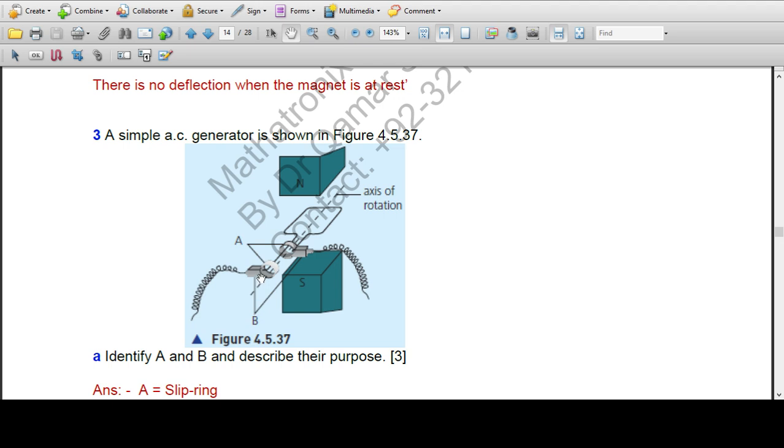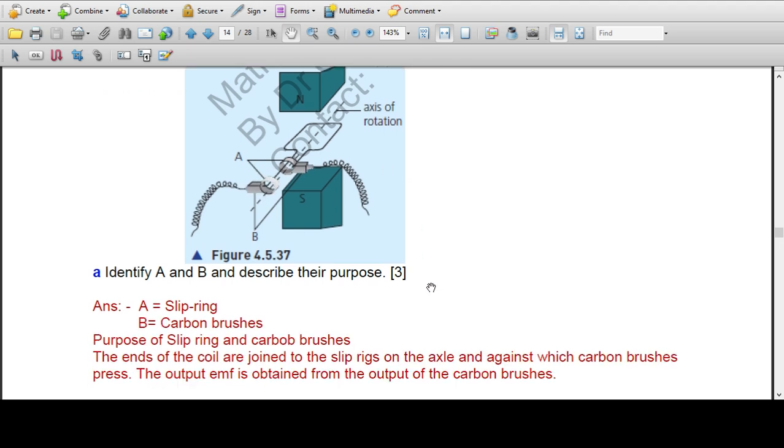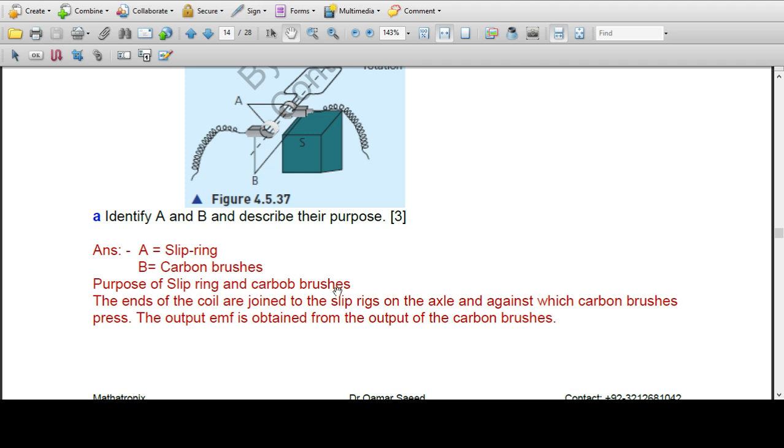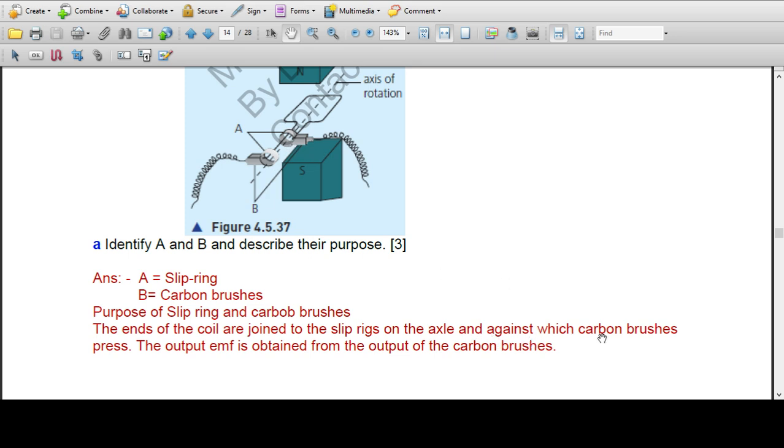So B is showing the carbon brushes and A is the slip rings. The purpose of slip rings and carbon brushes: the ends of the coil are joined to the slip rings on the axle, against which the carbon brushes press, and from the carbon brushes the output EMF is obtained. This EMF is taken out from the carbon brushes and applied to the load.